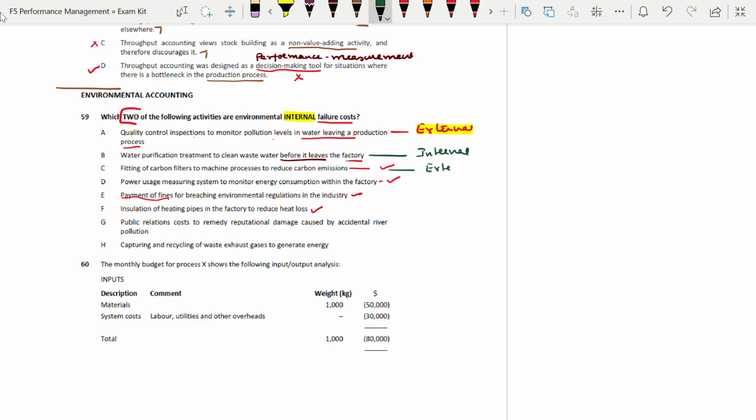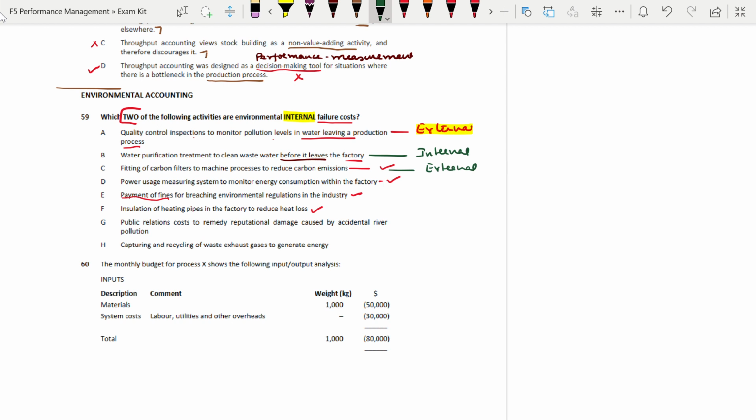It is external. Power usage measurement to monitor energy consumption within the factory, it is not the failure cost.